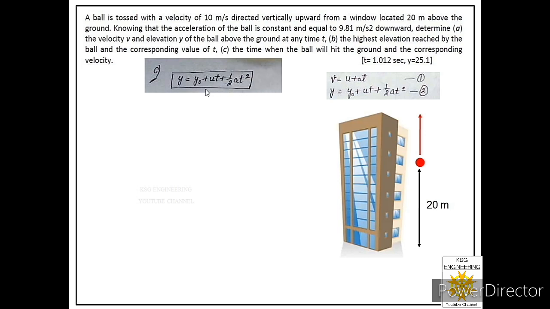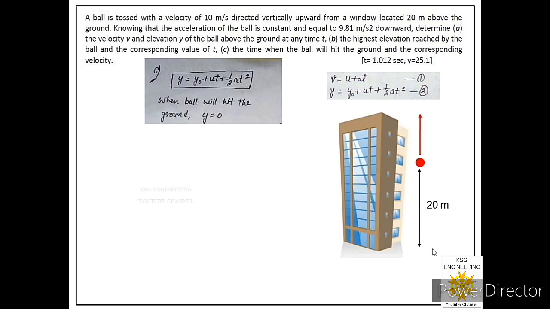So for C part, we will apply the second equation, because in this C part we have to find the time when the ball will hit the ground. So we have thrown the ball from the window. So the motion will be, the ball will first go upward, it will attain its maximum height, and from that point the ball will travel in downward direction, finally it will hit the ground.